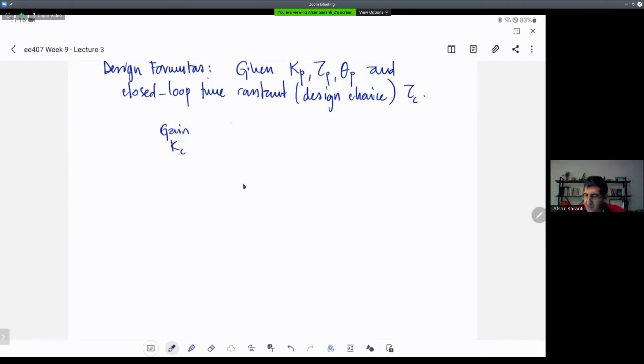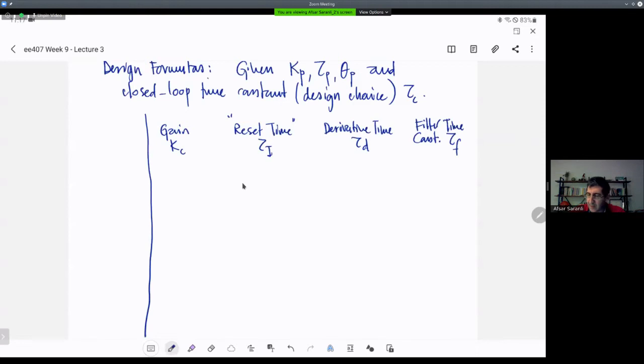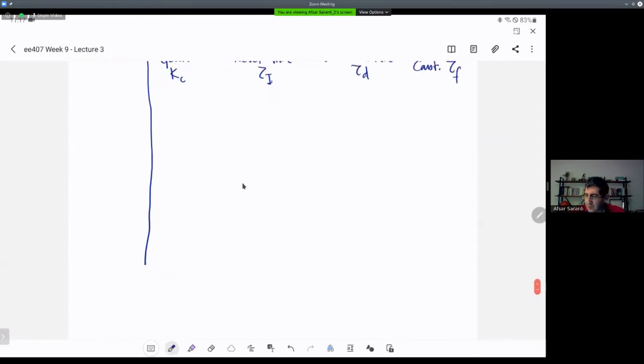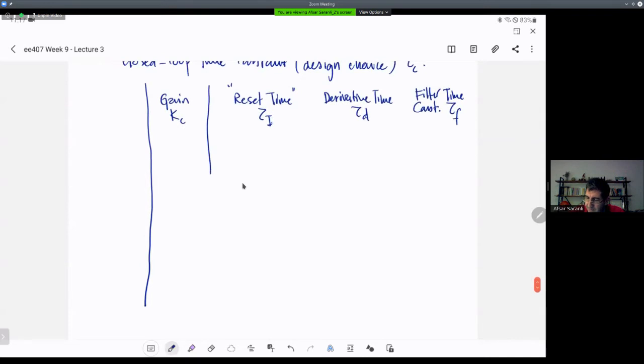We will have the integral time constant. This is known as the reset time in the literature. Reset time, tau I, the integral time constant, derivative time, tau d, and also we have filter time constant, and let's call this tau f. So these are our design parameters.